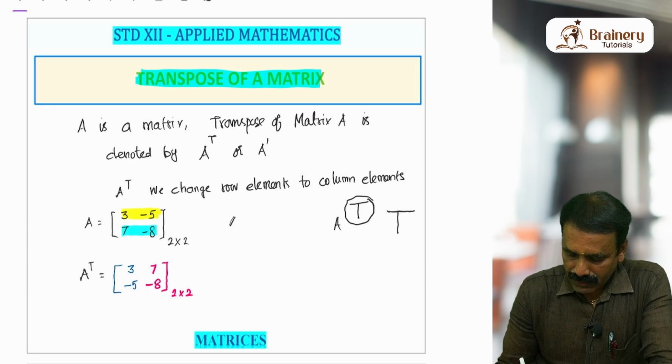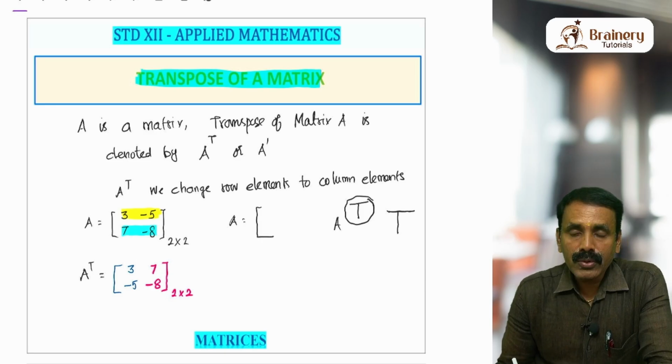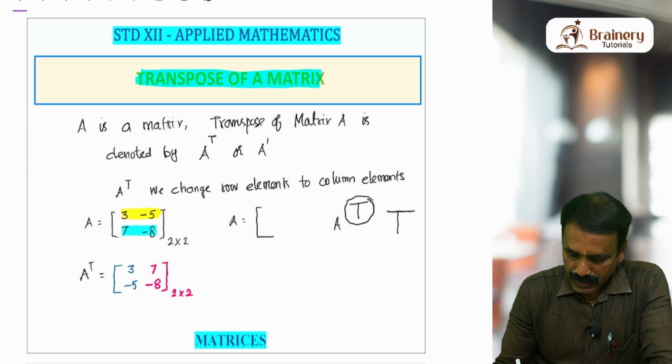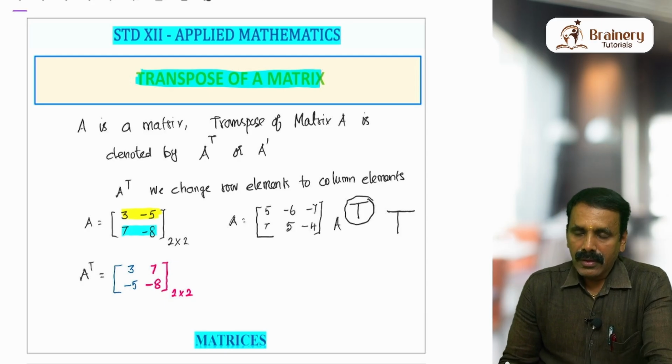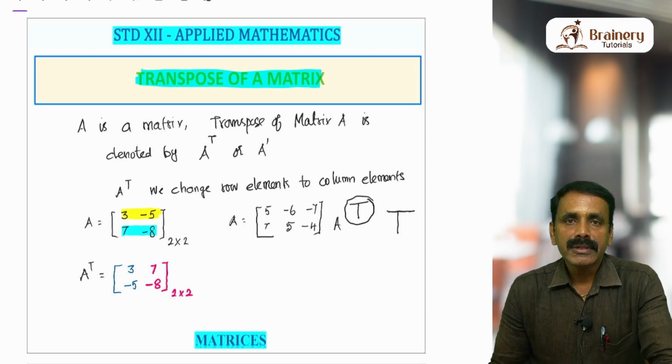Suppose A is a matrix of order 2 by 3, 2 rows and 3 columns: 5, minus 6, minus 7, 7, 5, minus 4. Now how to find A transpose?